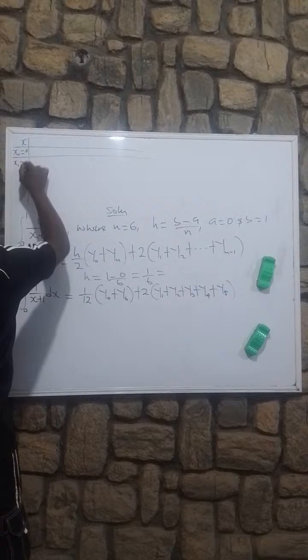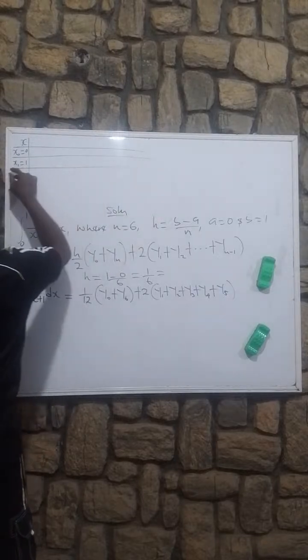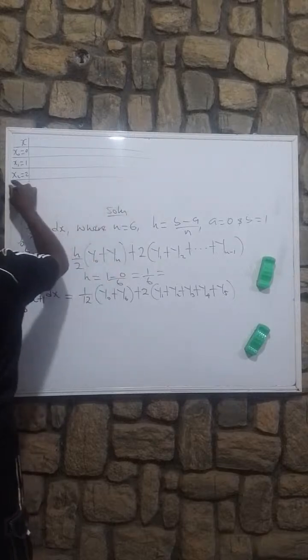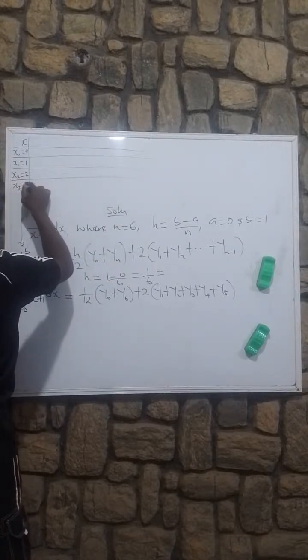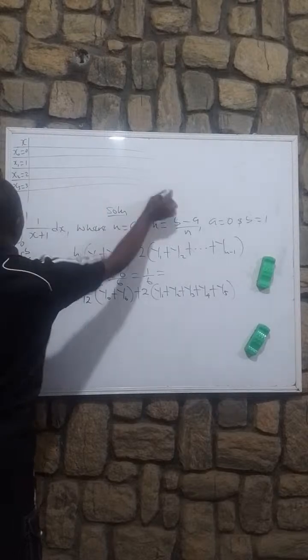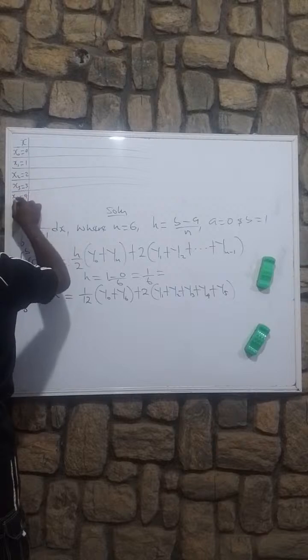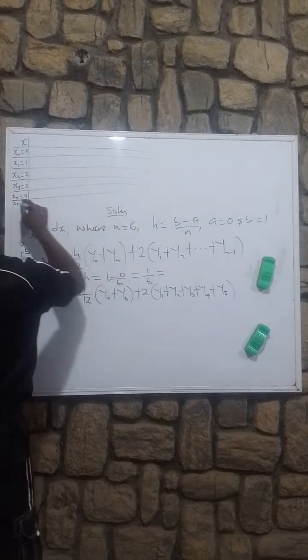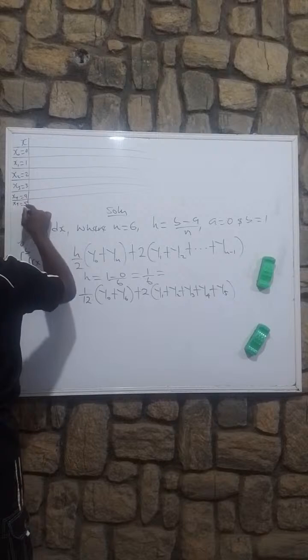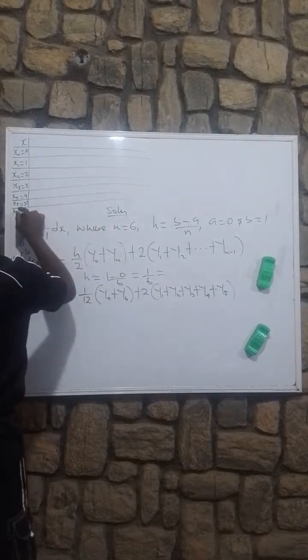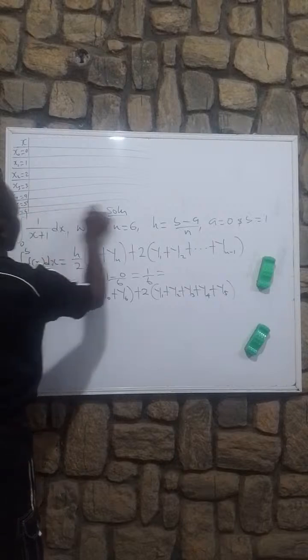X1 is equal to 1. X2 is equal to 2. X3 is equal to 3. X4 is equal to 4. X5 is equal to 5. Then X6 is equal to 6, right?